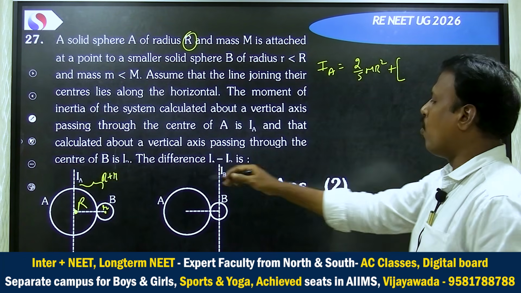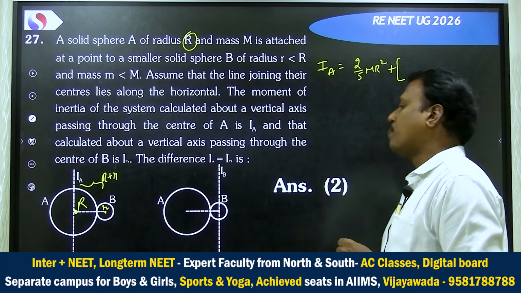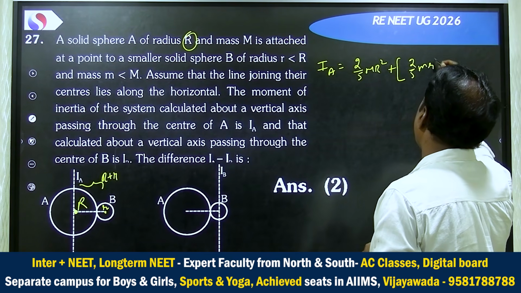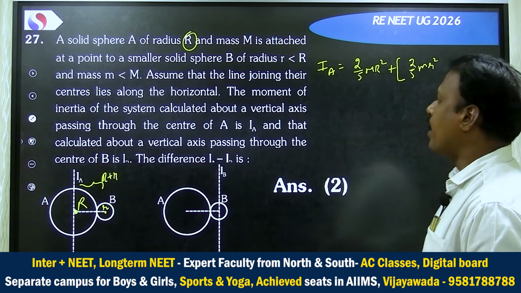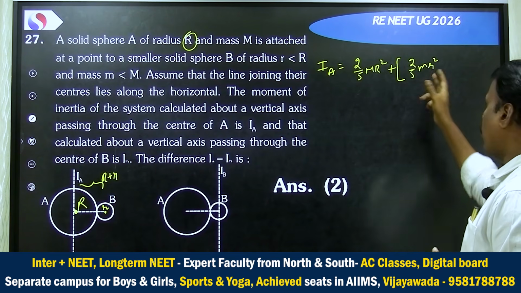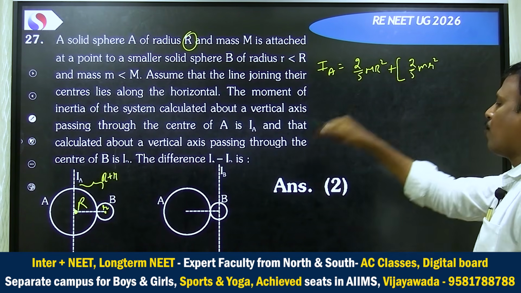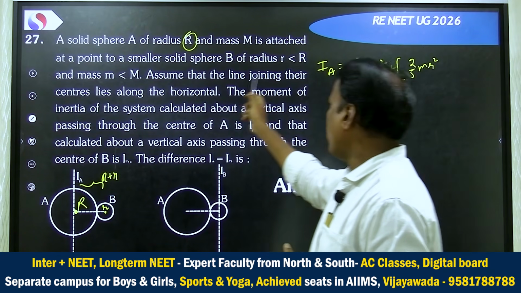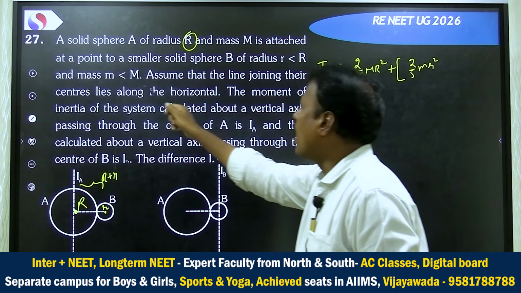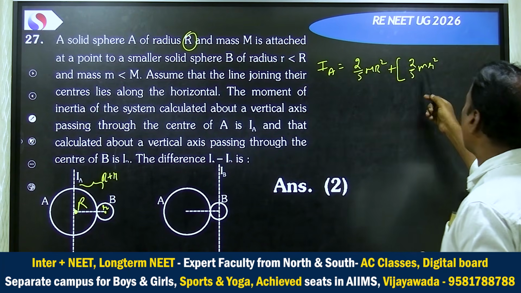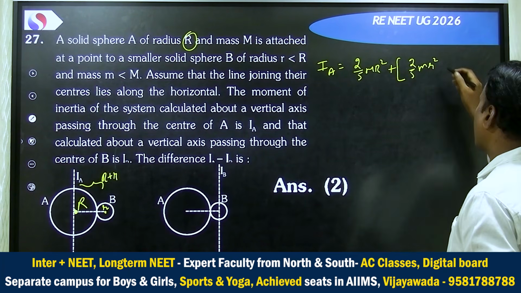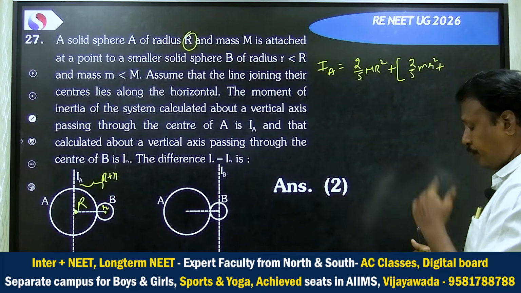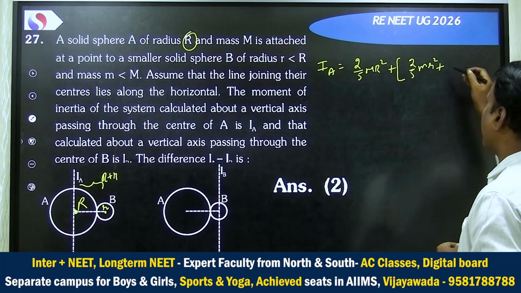Moment of inertia of B about this particular axis: first write the moment of inertia of the body about its own axis. That means it is a sphere of radius small r and mass small m, so it is 2 by 5 small m r square, plus, according to the parallel axis theorem, mass times the square of the distance.